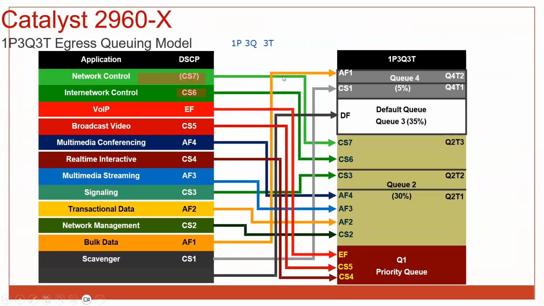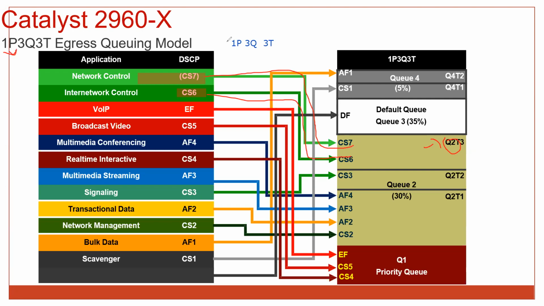Now you will see here in the diagram that this is going to Q2, right? And this is going to Q2 and threshold 3, maximum threshold. Now this is 1P, 1P priority. This is the priority queue. This is also a queue.